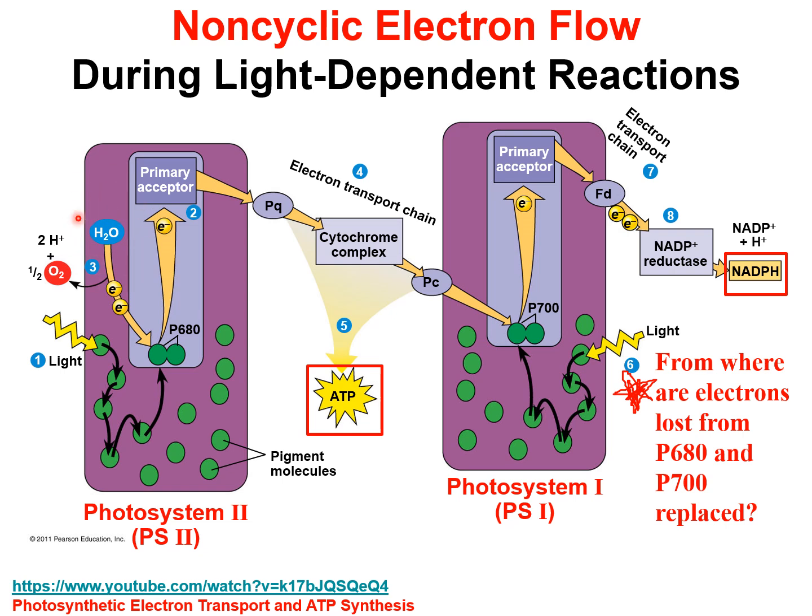So we're going to split the water apart, take the electrons off water, and then those will get boosted up by the light energy, go down the electron transport chain, be boosted up by more light energy, and then finally end up on the NADPH. And then in the process of breaking apart the water, we make the oxygen as our waste product. So to answer our question, from where are these electrons replaced? They're replaced from water. So that would be good to know.